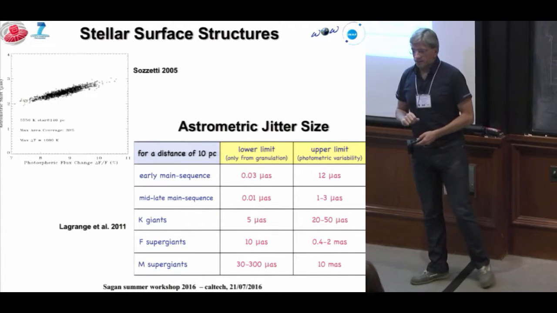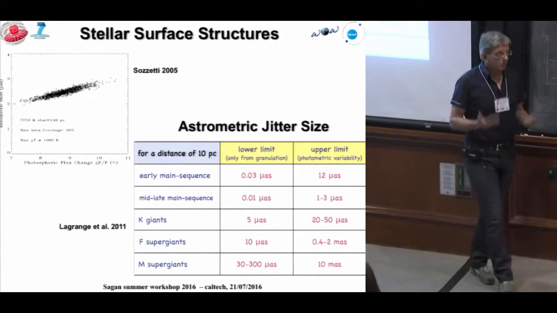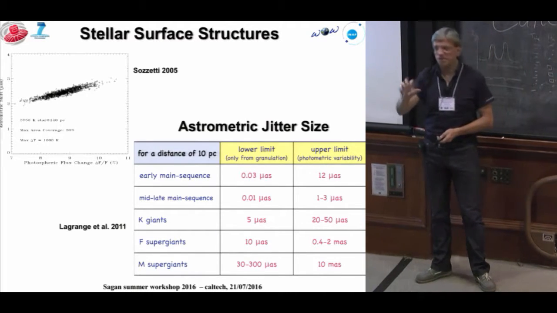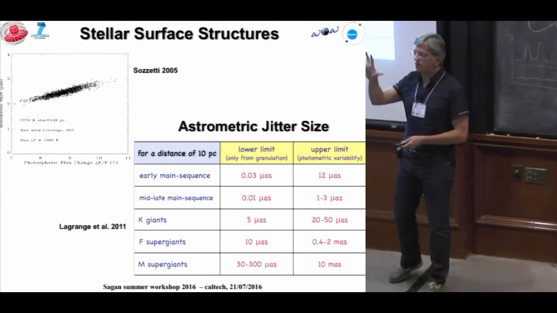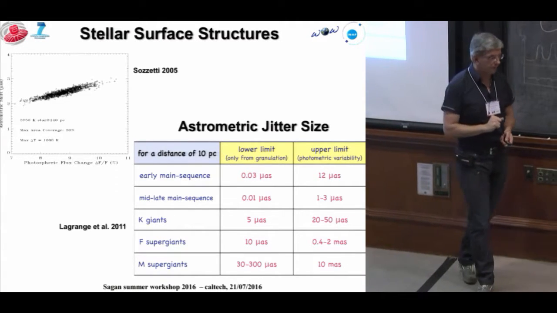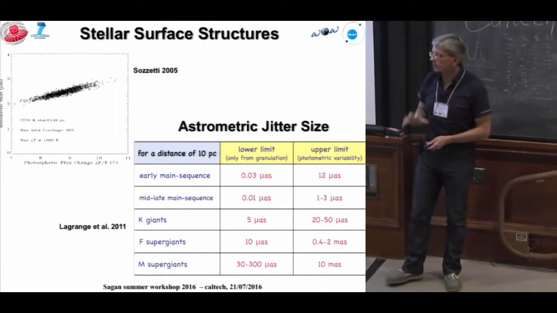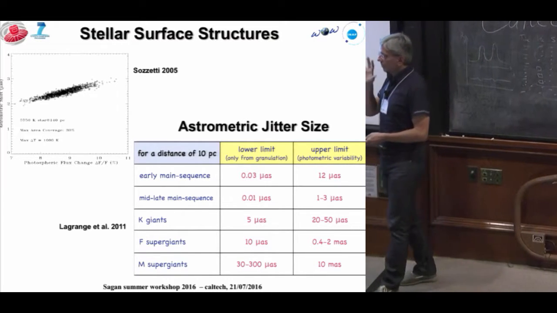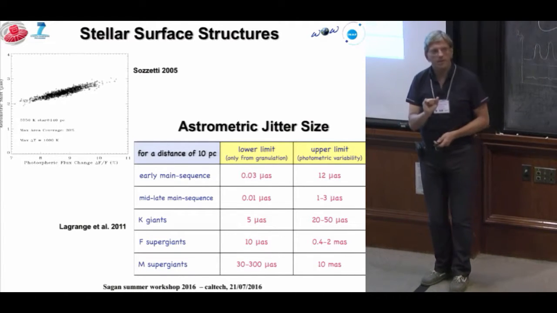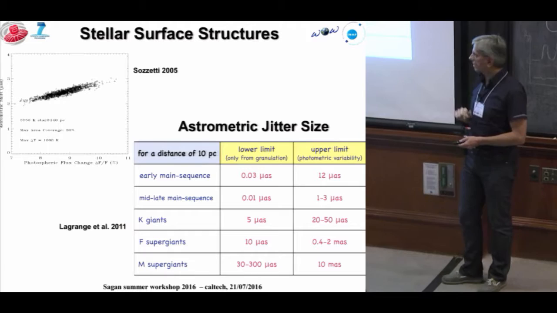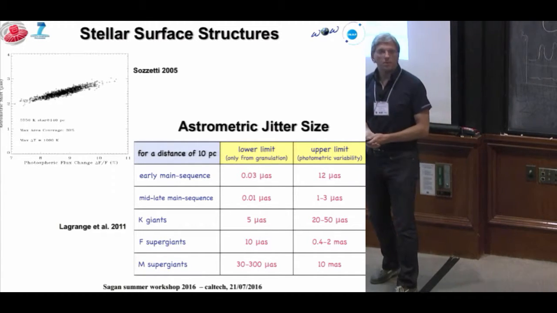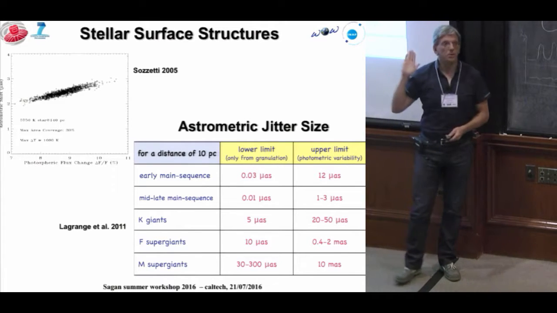There is also, as a matter of principle, the problem of positional jitter due to variable surface structures on the primary you're looking at for planets. The situation is not as bad as in the case of radial velocity work. For radial velocity work, we have heard from Javier and Deborah at the beginning of the workshop that this is the fundamental limitation today.